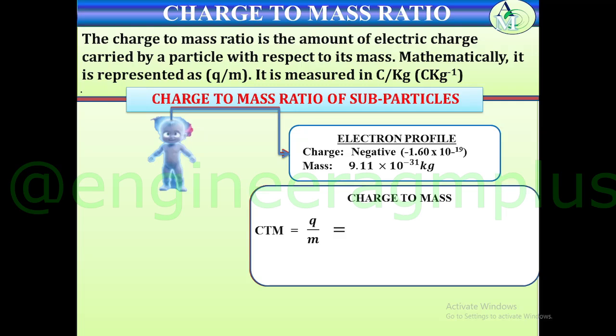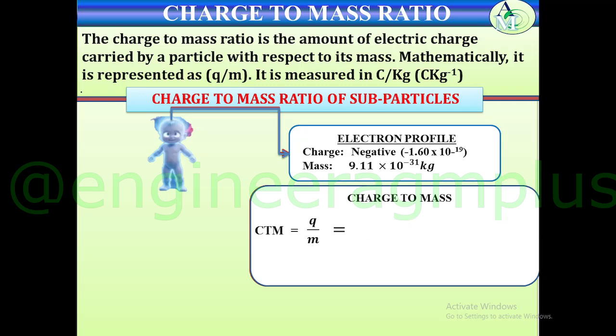Its charge to mass ratio is given as Q over m. Then we substitute for the values of Q and m into this formula. That is 1.60 times 10 raised to the power minus 19 coulomb divided by 9.11 times 10 raised to the power minus 31 kilogram. Pick up your calculator and try this.